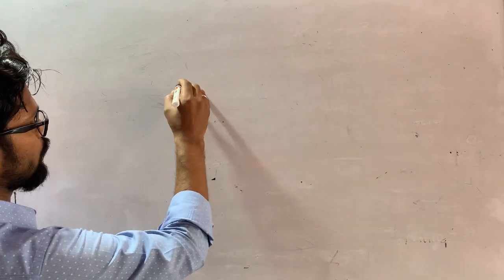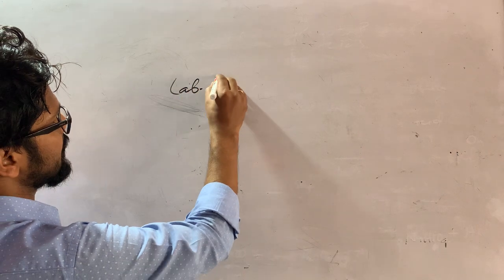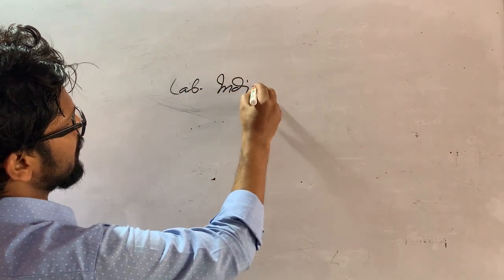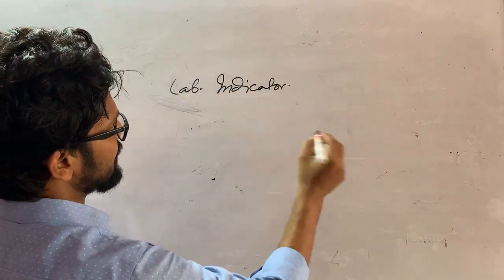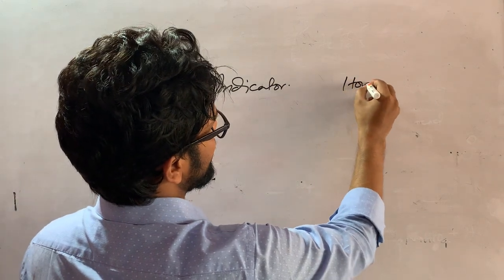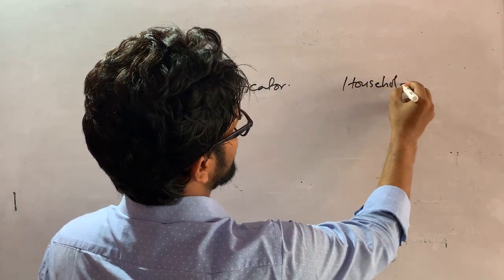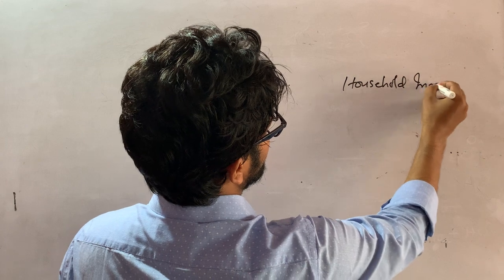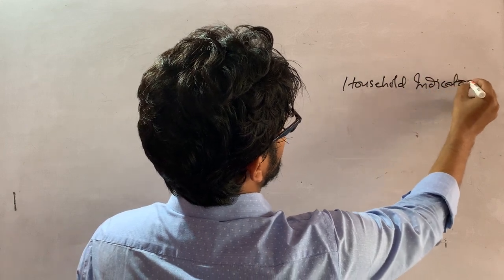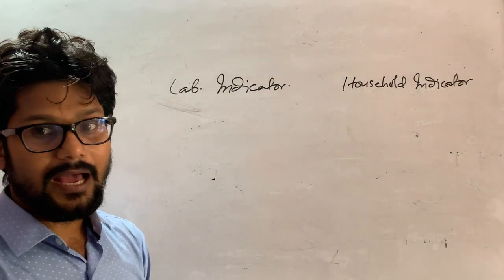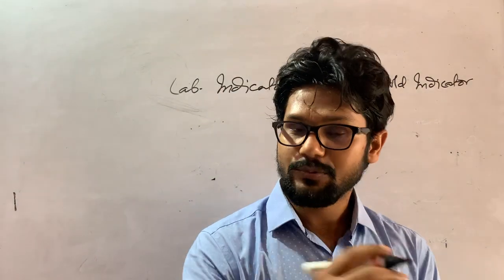What are the effects on indicators? You know that there are two types of indicator: one is laboratory indicator, and second is household indicator.